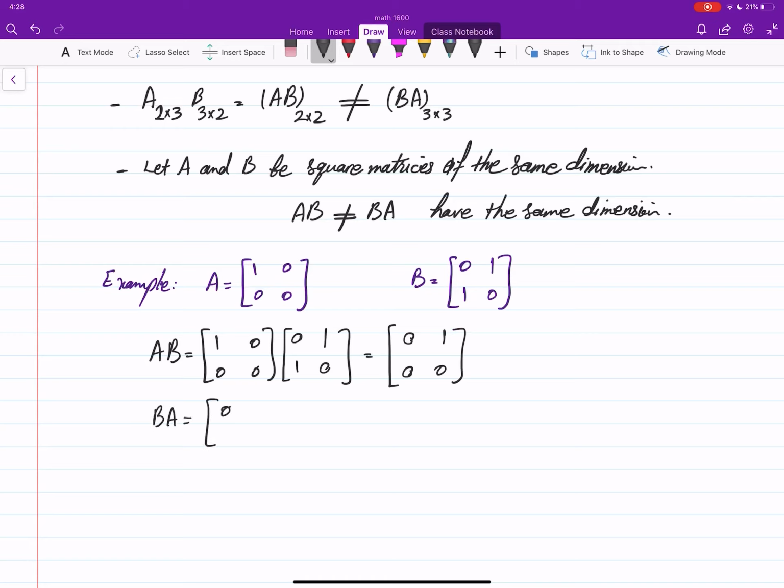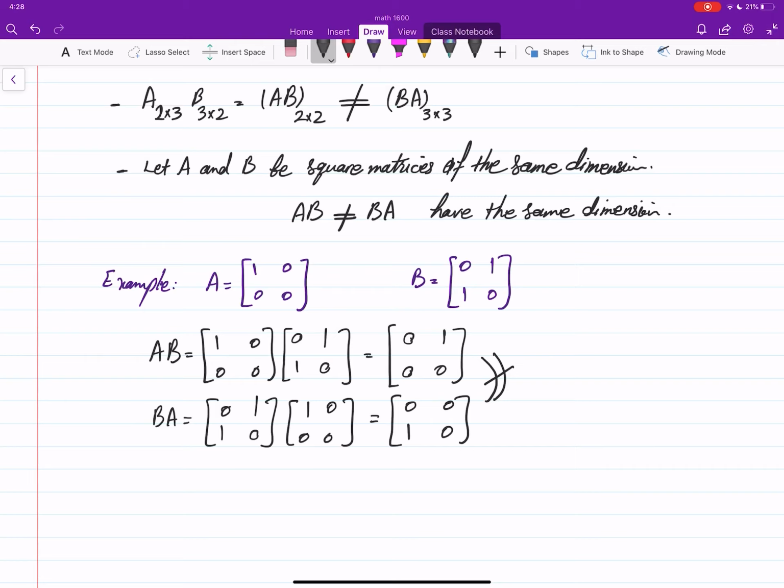BA is 0, 1, 1, 0, 1, 0, 0, 0, and this gives us, well, the first one is 0, the second one in the first row is 0, then this is 1, and this is 0. And you can see that obviously AB is not equal to BA.